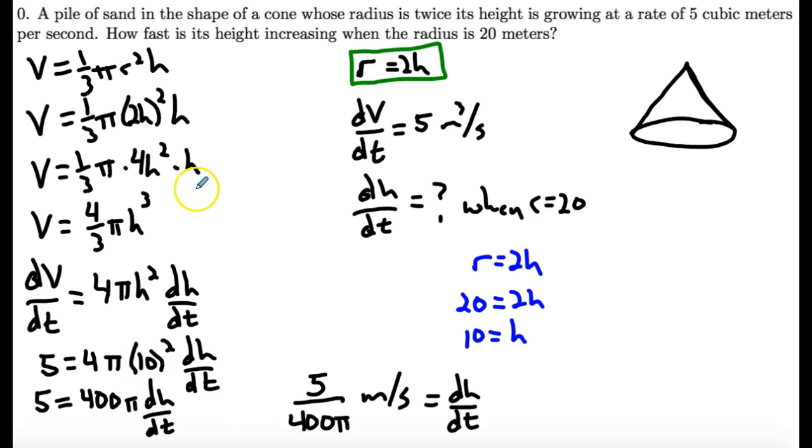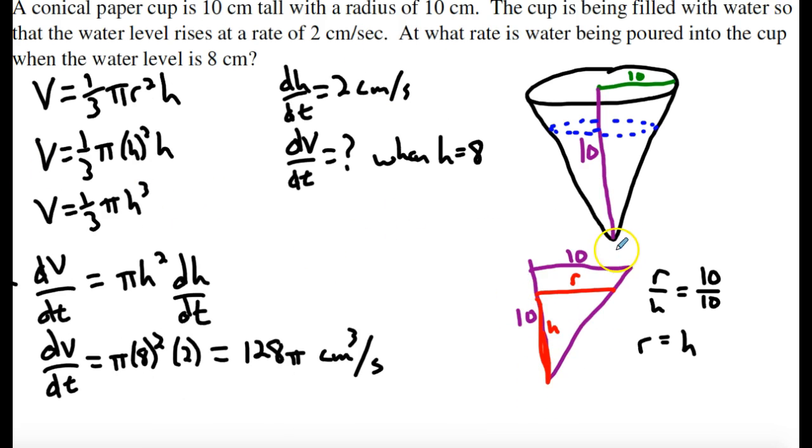The other big idea from this is this similar triangles idea. This cone idea shows up a lot on the AP test. Seems like one of these shows up every other year. So this is something that we need to be comfortable with: writing this volume formula in terms of just one variable.